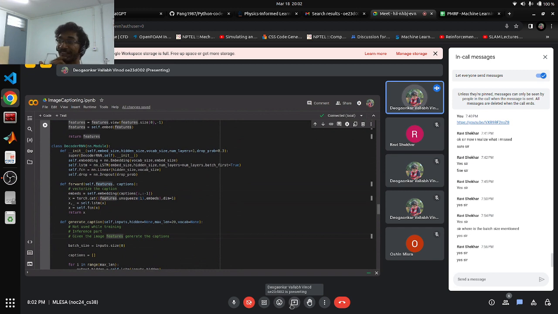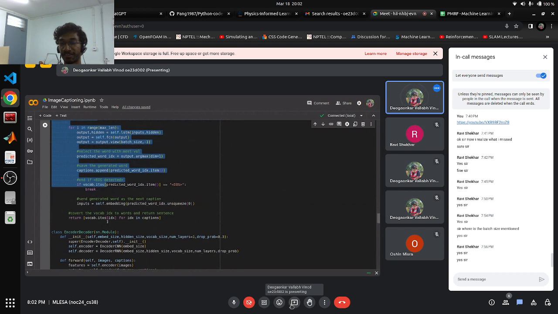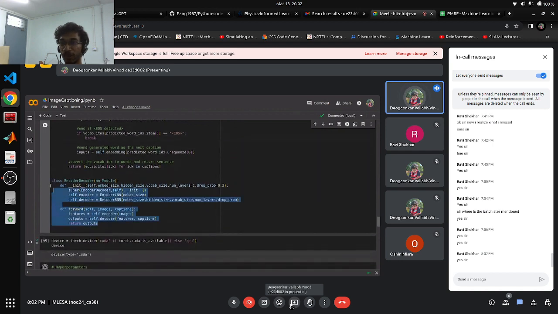We can't go through the architecture of LSTM now, but just know that with this part of the code, what you encoded from a CNN, you are decoding using an RNN. And I'm collating all of that together into this encoder decoder class, which is going to call my encoder CNN and decoder RNN.